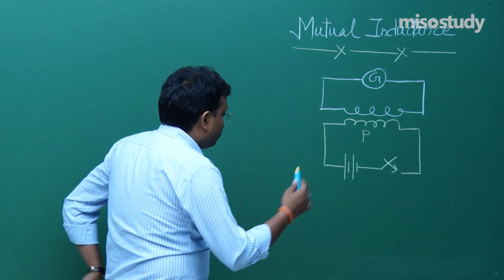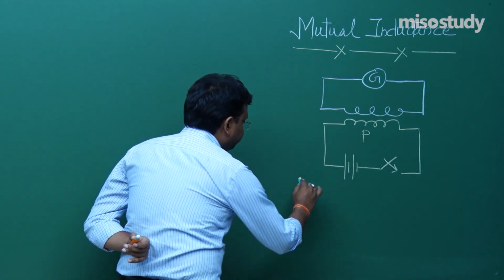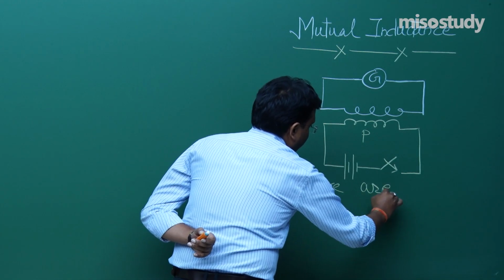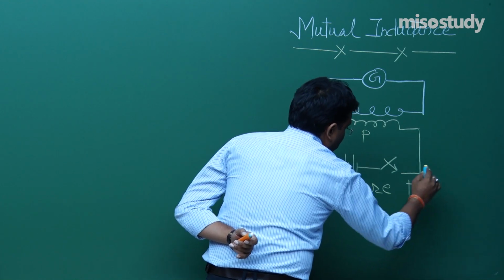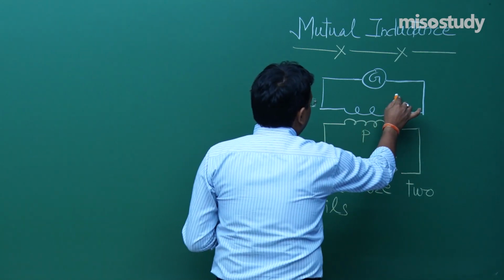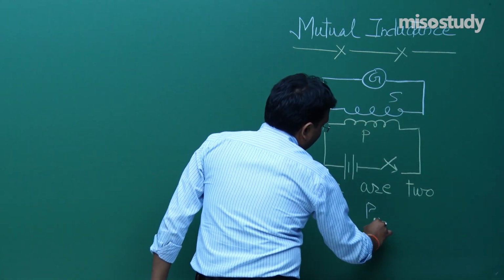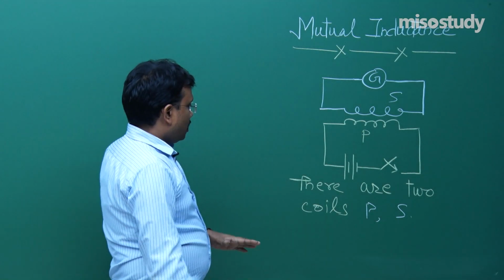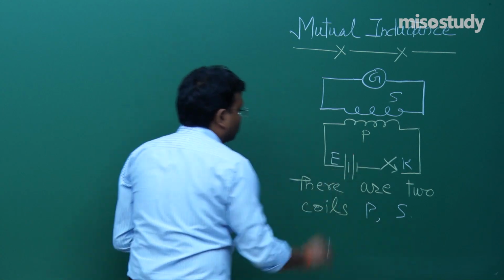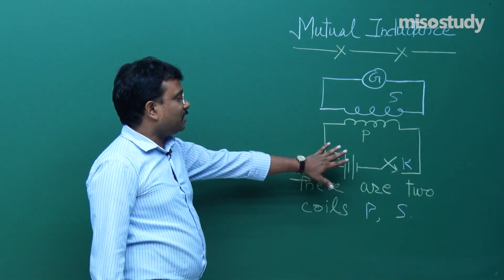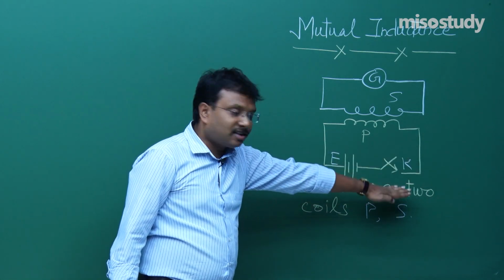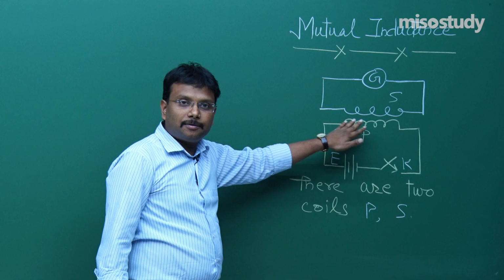First I would like to mention something about this diagram. There are two coils. Let us say primary and secondary, and this is K, this is E. Now first listen, then I will write down. Press the key, the circuit is complete, current flow will start.